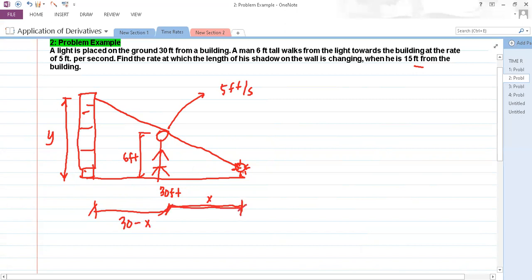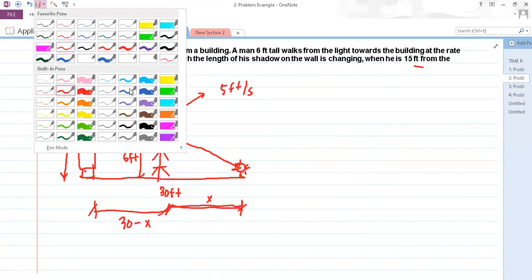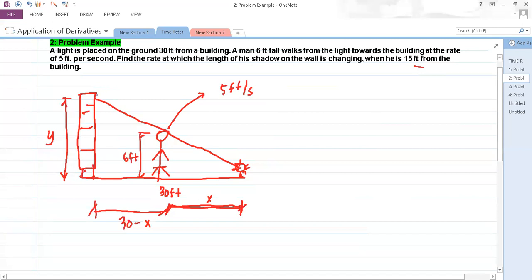Okay, so how can we create our equation? If we are going to look at our figure, makaka-create tayo using the similar triangle. We can have this one triangle and we have this as another triangle. Okay, so we can create an equation using the similar triangles.